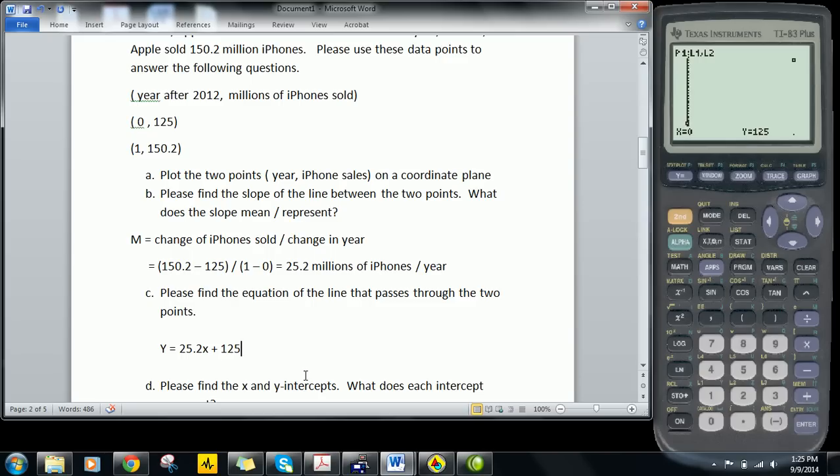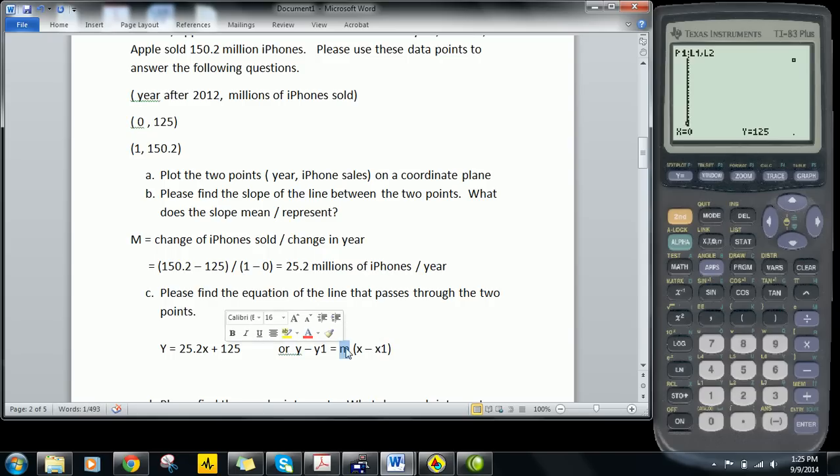Another way to do it would be to use my favorite, point slope. Y minus y1 equals m, the slope, times the quantity x minus x1, right? Now this is called point slope because it asks us to input the slope for m, which I already know is 25.2 millions of iPhones per year, and a point x1, y1 through which the line travels. So the point through which the line travels goes in for x1, y1, any of the points really.